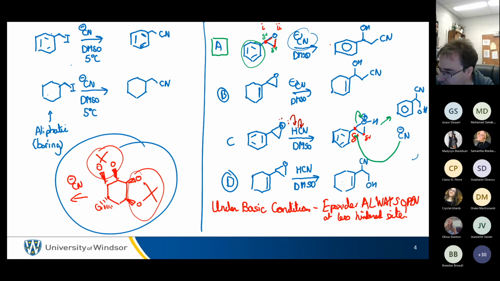So Drake was asking, can I go over why this again? If I've got an OH plus, and I put a carbocation here and make the OH neutral, it's a secondary carbocation. It's okay, and it's resonance stabilized by the benzene ring.